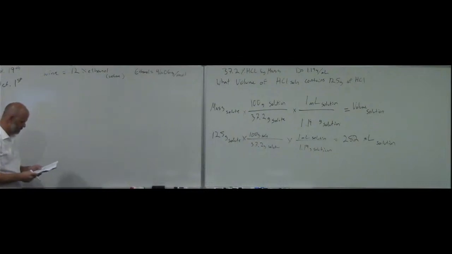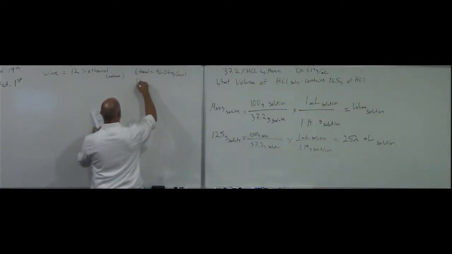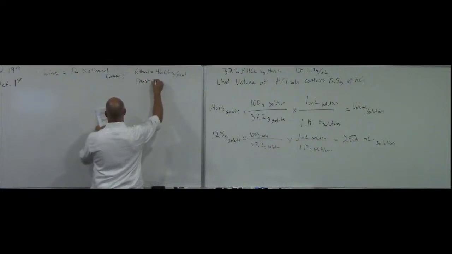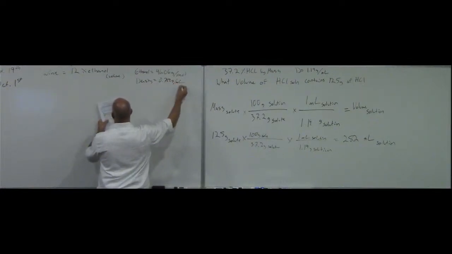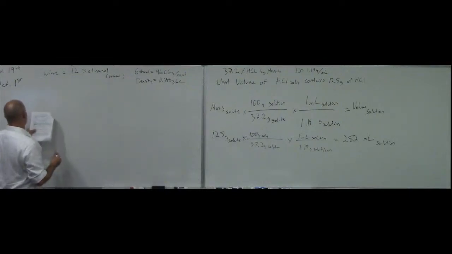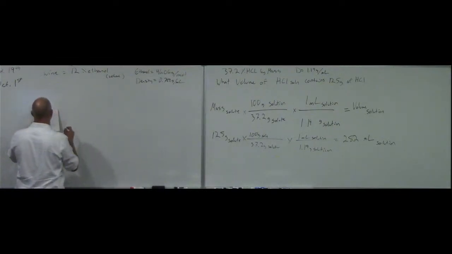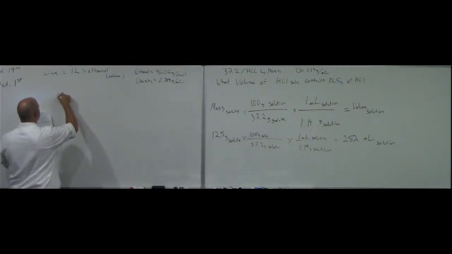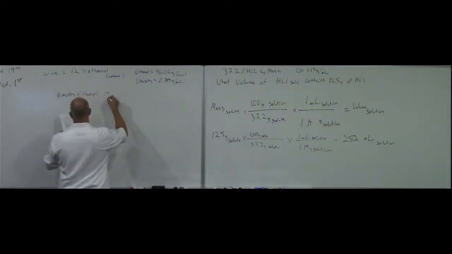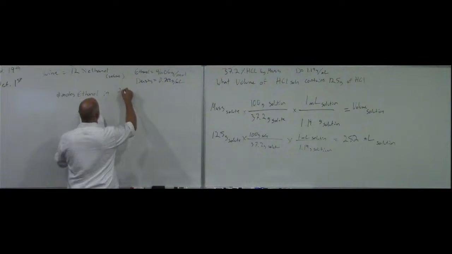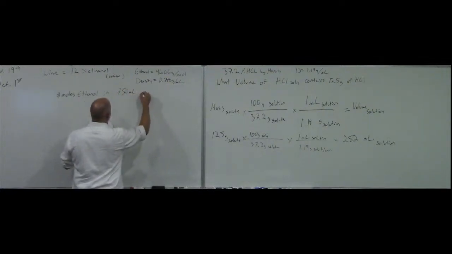Okay, now it wants me to, and it's giving me a lot of information, and a density of 0.789 grams per milliliter. How many moles of ethanol are present in a 750 milliliter wine bottle? So I want to know the number of moles of ethanol in a 750 milliliter bottle of wine.